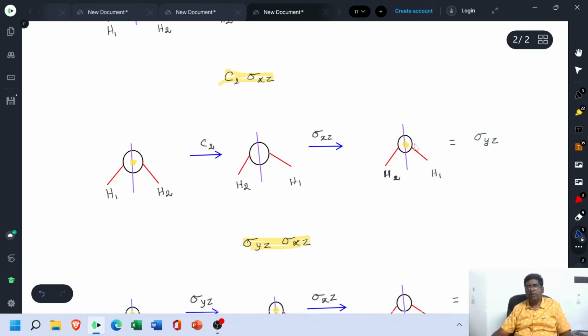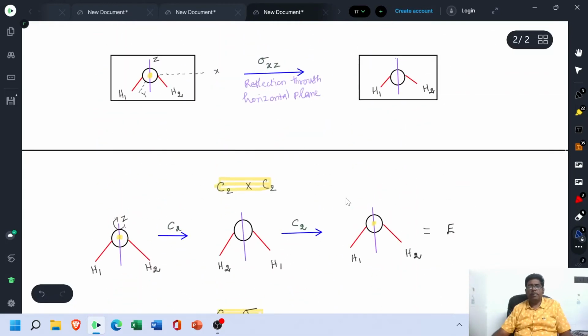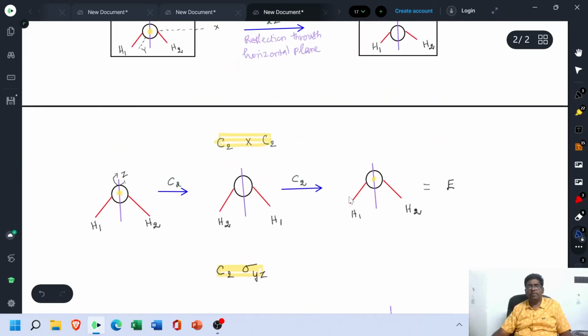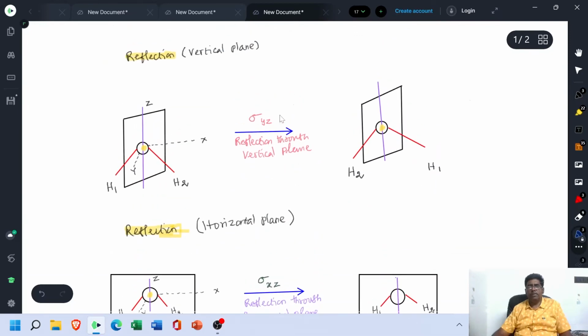Now compare this newly arrived one with our earlier individual operations. See this, H2 and H1 with the front face is our sigma YZ operation. The actual water molecule is subjected to sigma YZ, we can harvest this. That is H2, H1 with the front face of oxygen.